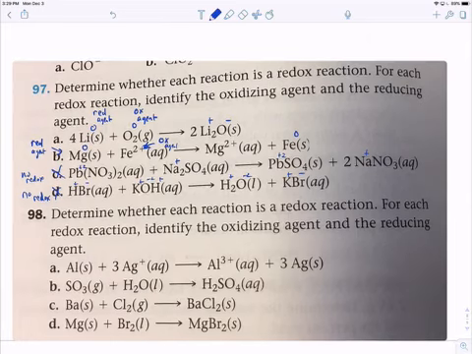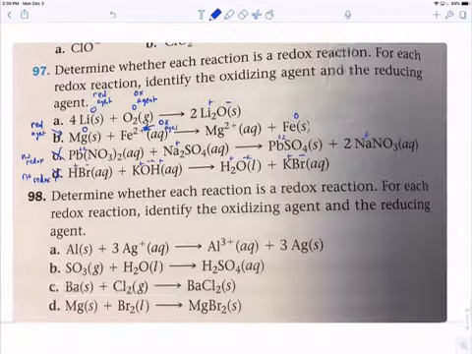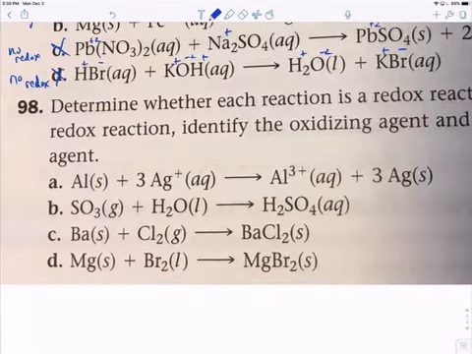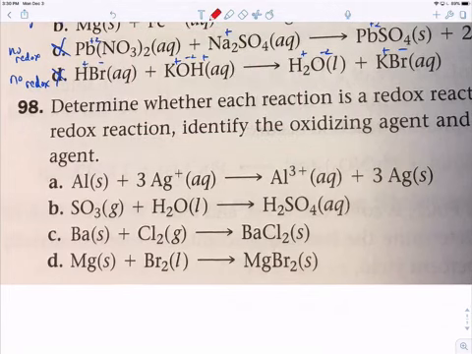Does anybody have any questions with this? I'm sorry, I know it's kind of small. Questions with this at all? Since you've already proven you can do oxidation states, I'll just go ahead and list them on here for you.